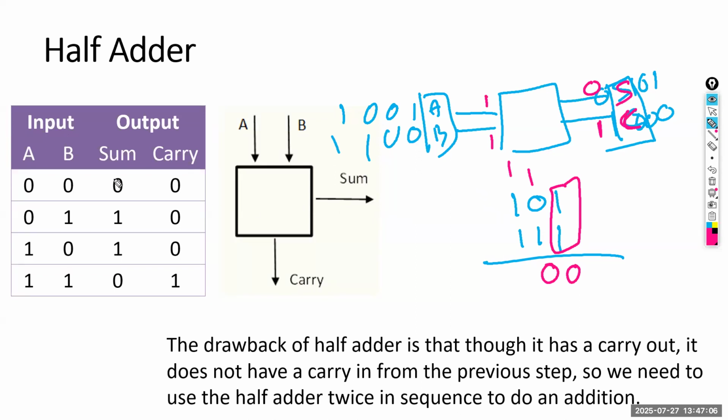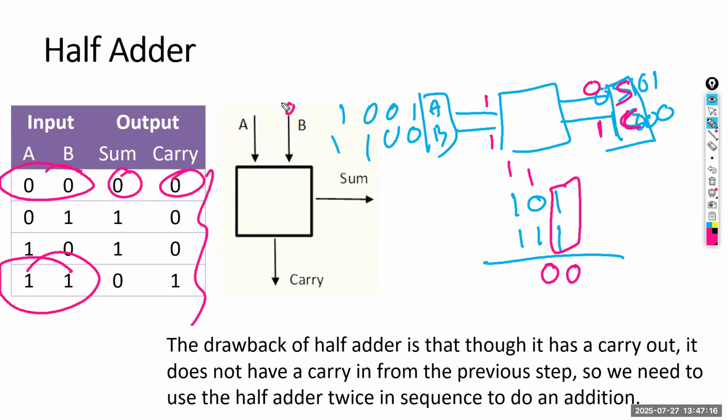So therefore, this is the truth table. When both are 0, sum is 0, carry is 0, obvious. Right. So then 0 and 1, sum is 1, carry is 0. 1 and 0, sum is 1, carry is 0. When both A and B are 1, now sum is 0, carry is 1.